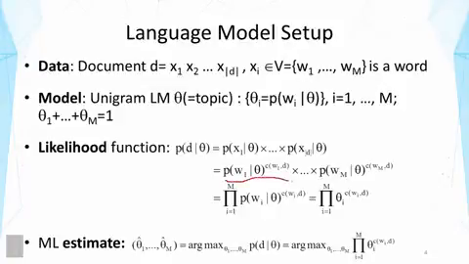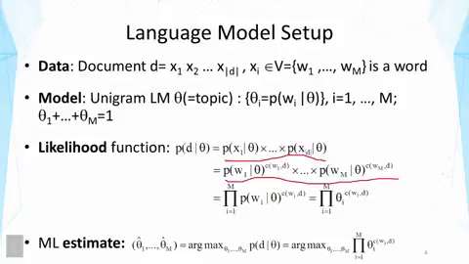So in this line, we have rewritten the formula into a product over all the unique words in the vocabulary, w sub 1 through w sub m. Now this is different from the previous line, where the product is over different positions of words in the document.